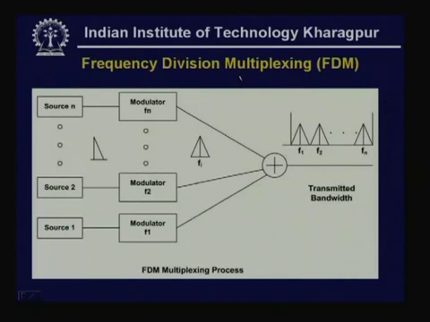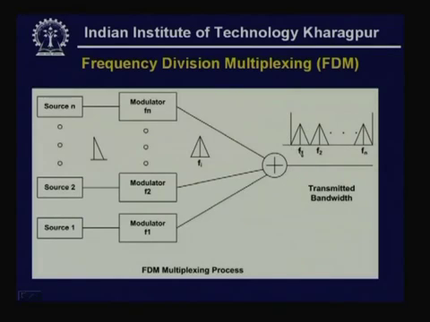Now let us first focus on the frequency division multiplexing. So in frequency division multiplexing, we have already seen we have got a number of sources, say n sources as shown here. Each of them is sending some data, and the signals coming from each of the sources are modulated by using different carrier frequencies F1, F2 and Fn, and as a consequence they are creating signals in different frequency bands, and they are combined together.